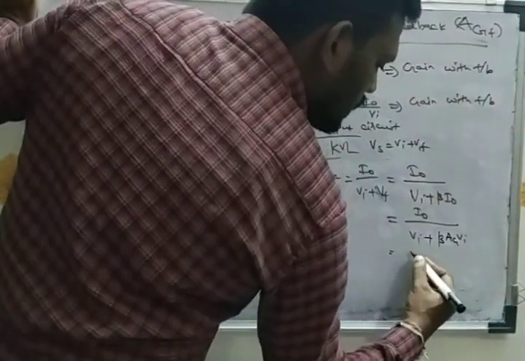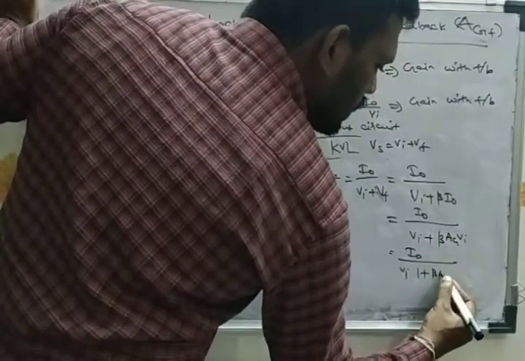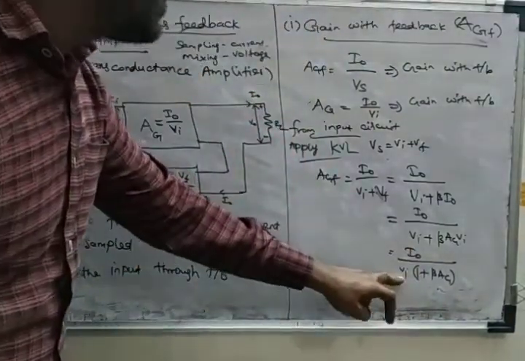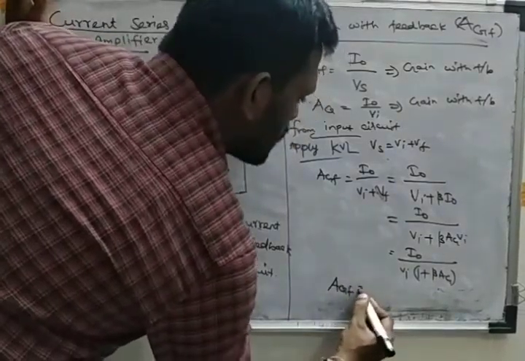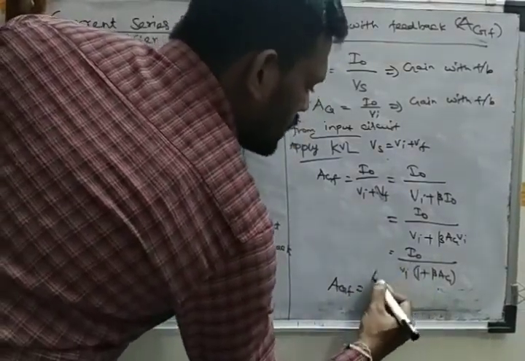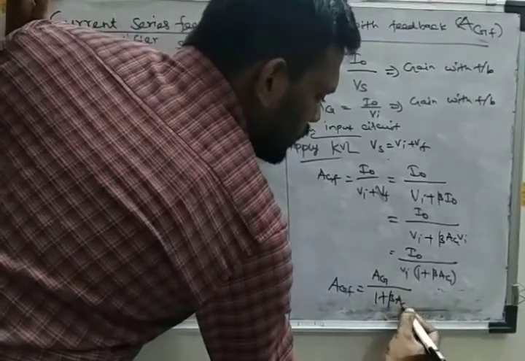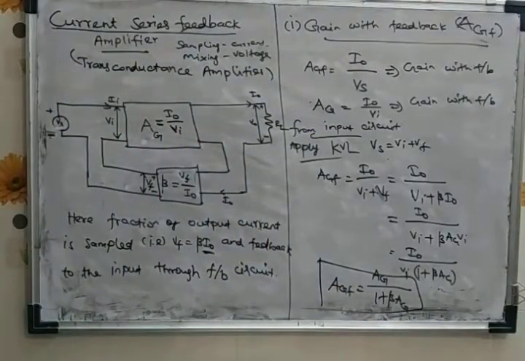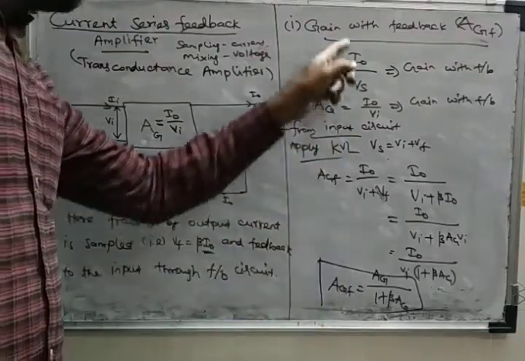So you take Va common, 1 plus beta Ag. So I0 by Va is equal to Ag. So your AGF is equal to Ag divided by 1 plus beta Ag. So gain with feedback is reduced by the factor 1 plus beta Ag.